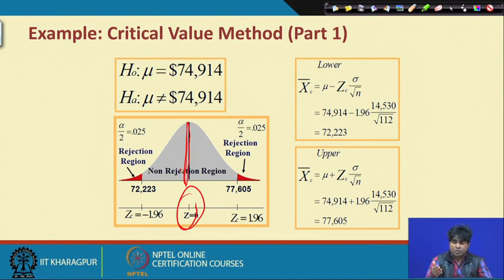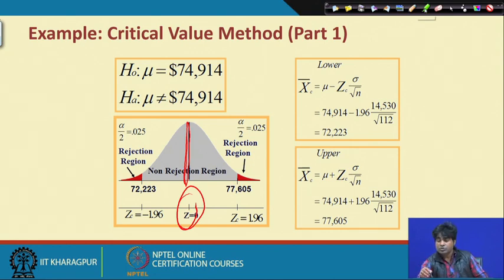The lower limit is nothing but a specification about the sample means. Sometimes it may not directly convert to the population mean. So, what we will do is find an interval. The interval will be mu plus minus Z critical times sigma by root n.